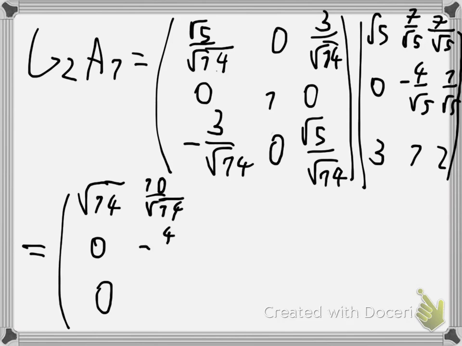Negative 4 over square root of 5. And negative 21. This is a 1.